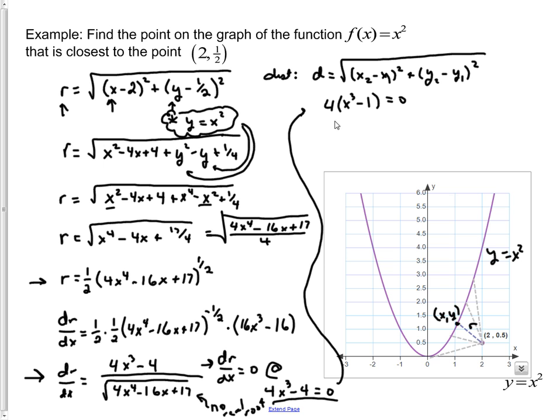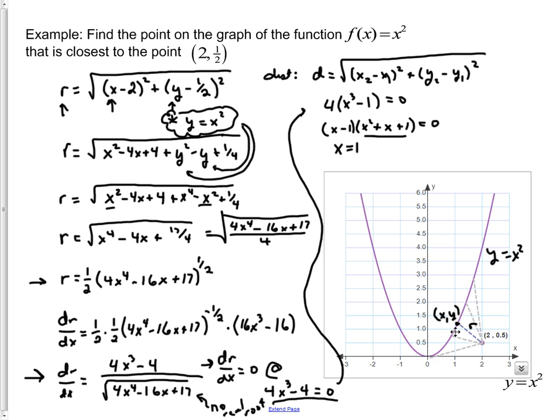The 4 doesn't really matter here, but x cubed minus 1 factors as x minus 1, remember, difference of two cubes, times x squared plus x plus 1. You can check, but the quadratic has no real roots, but x minus 1 does, and that's at x equals 1.